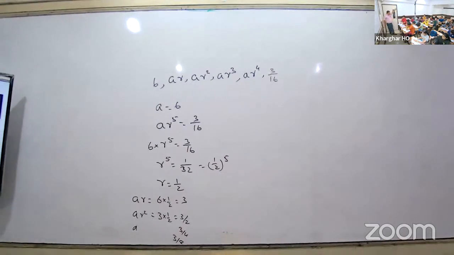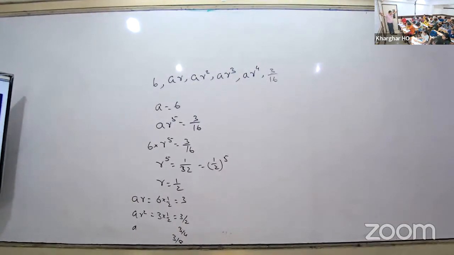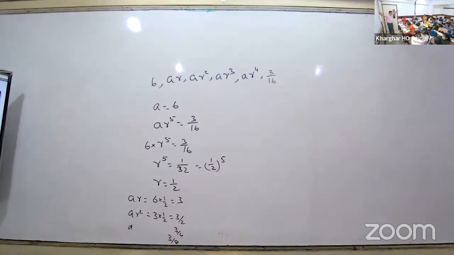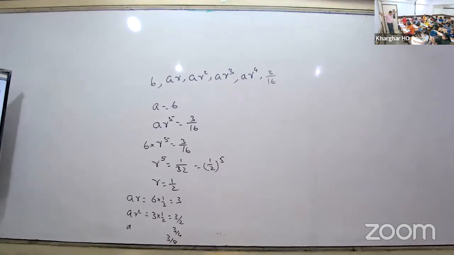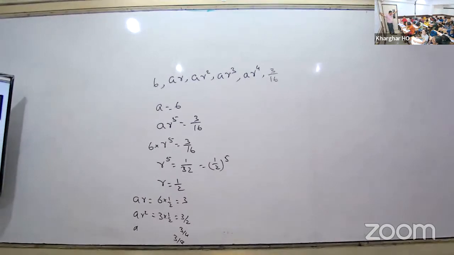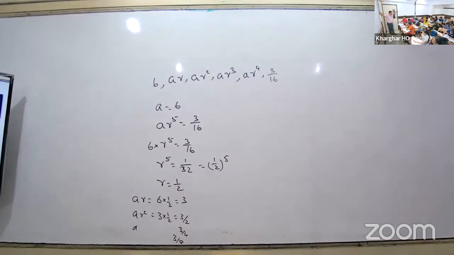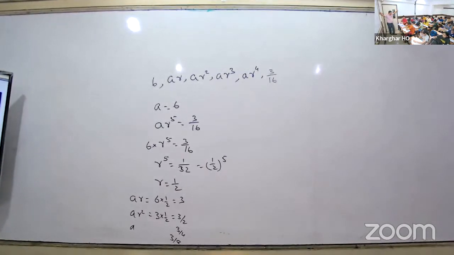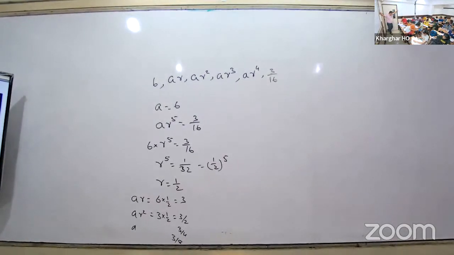That is the arithmetic mean. Just stop writing. Go through the property you just wrote. Geometric mean, what is the property you wrote? B square equal to AC. The geometric mean between two numbers is the root of xy. X and y are given, therefore geometric mean is equal to root xy. X is equal to 4 by 9, y is equal to 9 by 4.